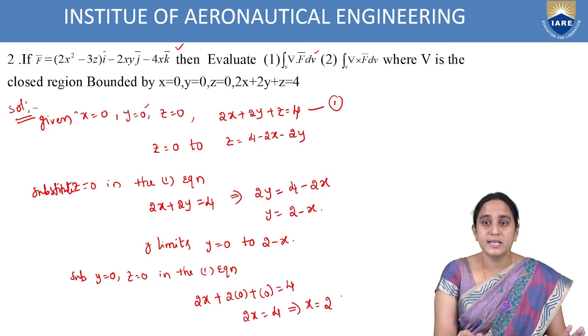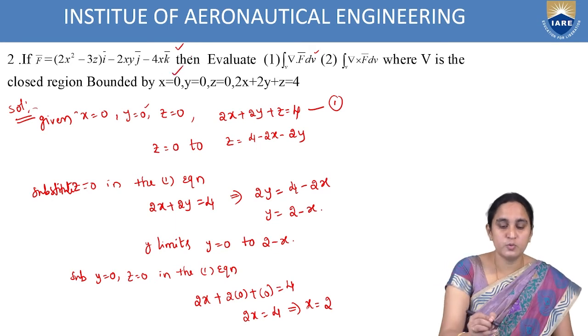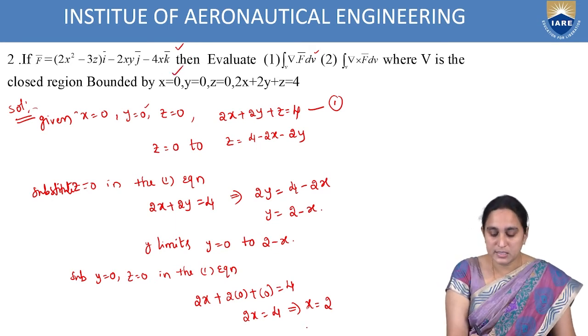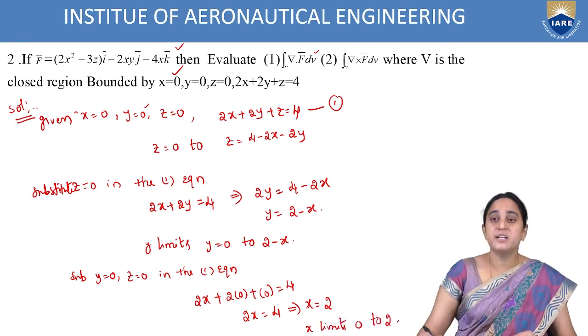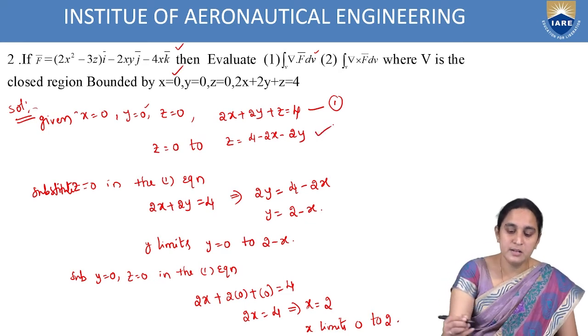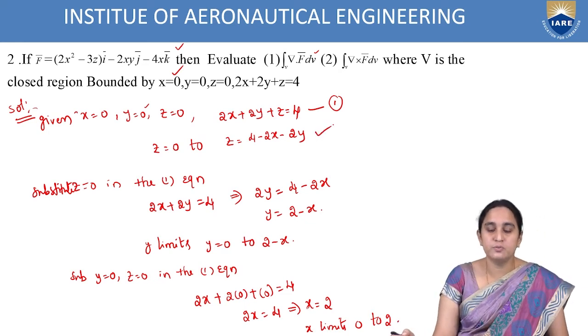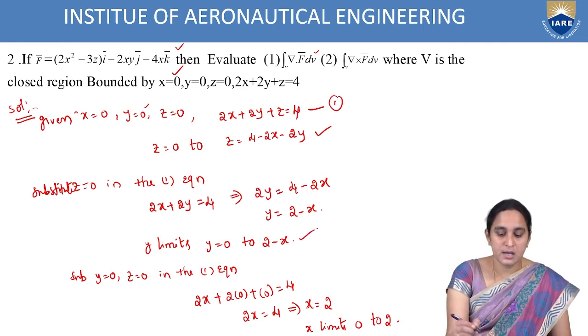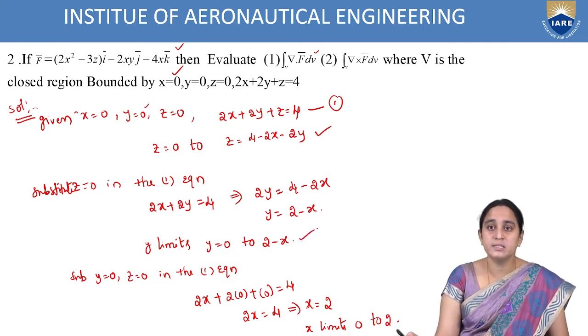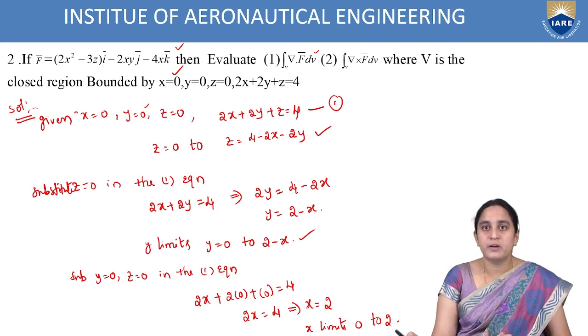Here the x initial point is already given in the question as 0. Therefore, the x limits are 0 to 2, the z limits are 0 to 4 minus 2x minus 2y, and the y limits are 0 to 2 minus x. This is the concept for finding the limit points from the given surface.